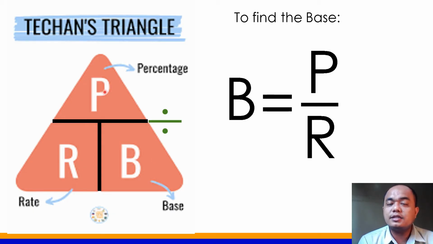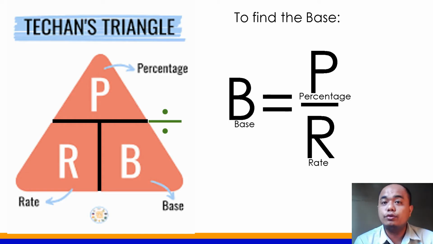So, yung percentage na yan, class, i-divide lang natin sa rate. So, ito yung napakadaling paraan, class, para maalala mo kung paano i-solve yung base. Again, this is a Tichan triangle. I already introduced this for the last two lessons na take up natin.